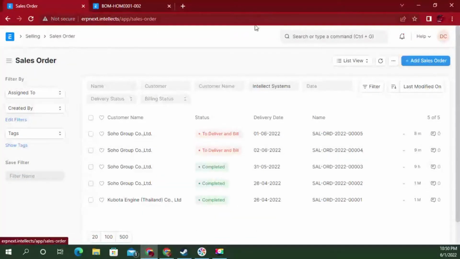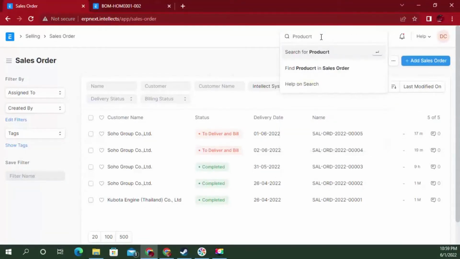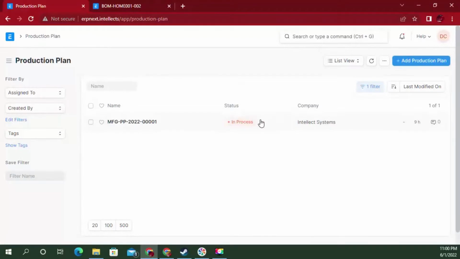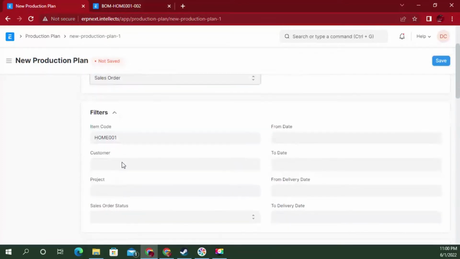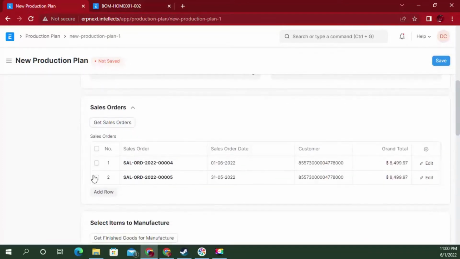Okay, here, let's create the new production plan. What I'm going to do is get it from the sales order. However, we have two sales orders, right?